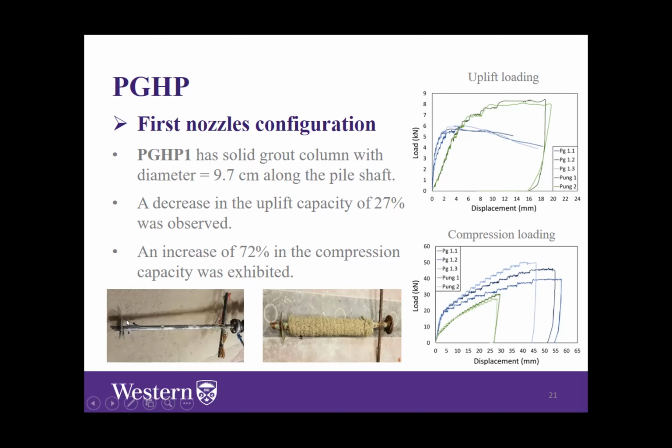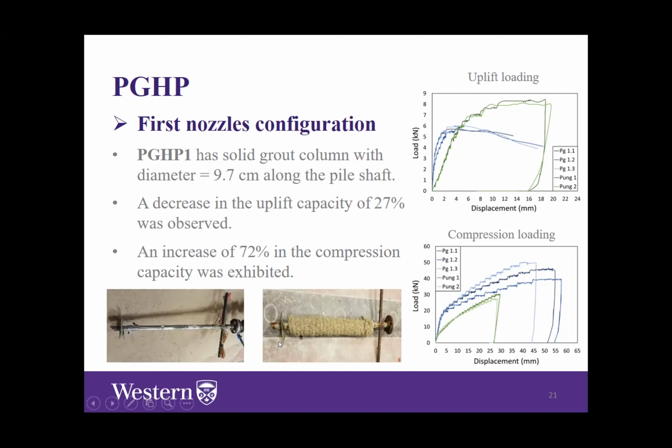So when you pull it out, the pile helix actually represents the main resistance. So it is a kind of bearing failure which needs a high displacement level to be fully mobilized.